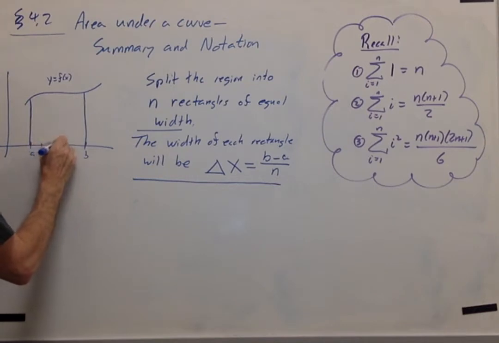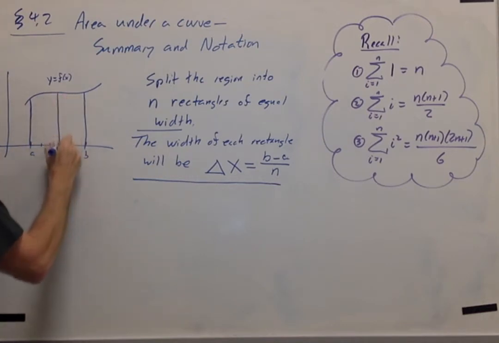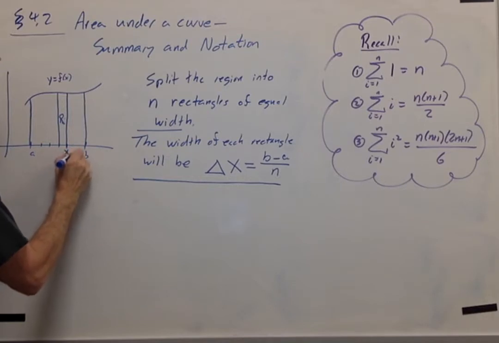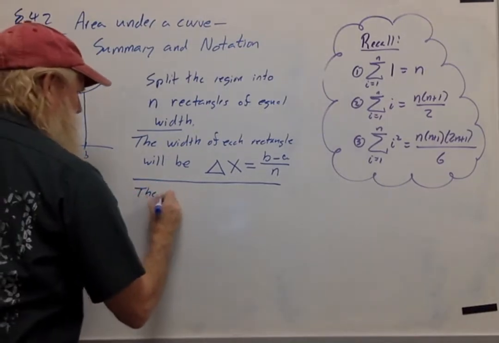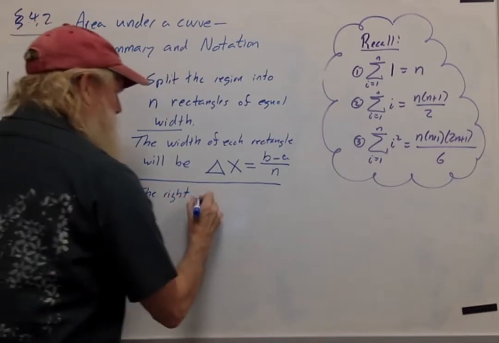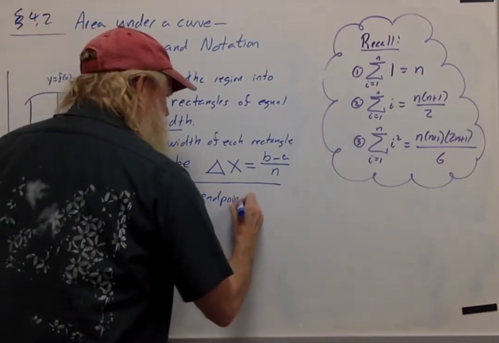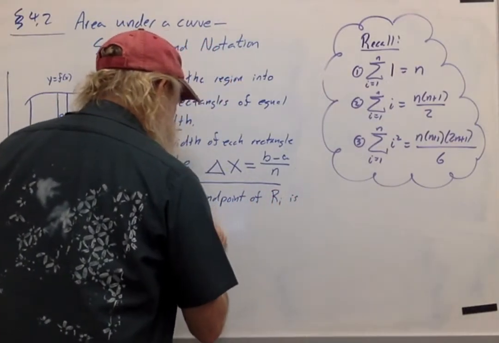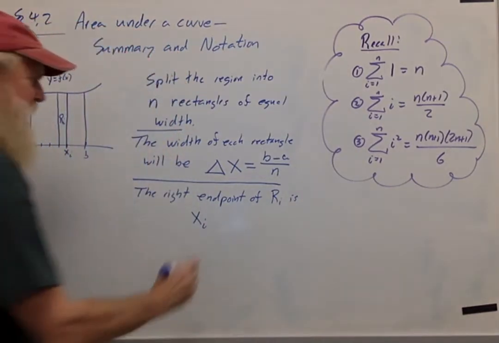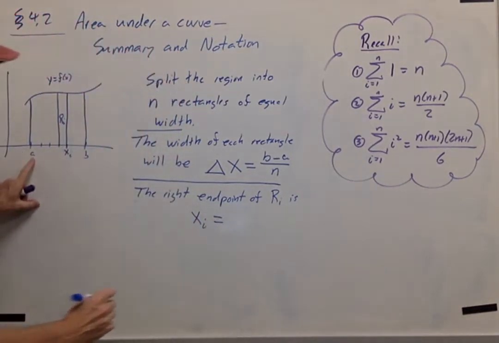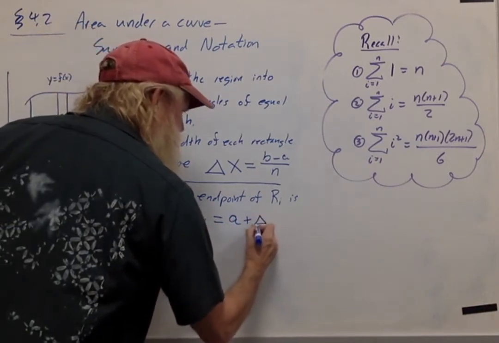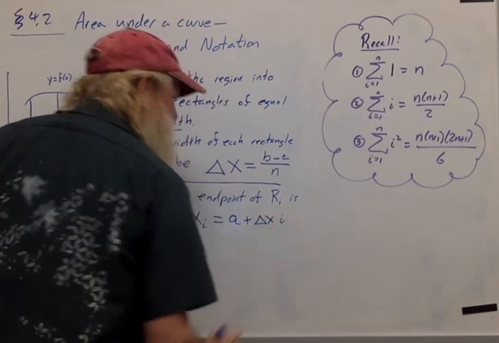Now, when we split this up into intervals, or into rectangles, the right endpoint of rectangle i is called x sub i. And the way that you get x sub i is you take the left endpoint a and you add delta x i times.